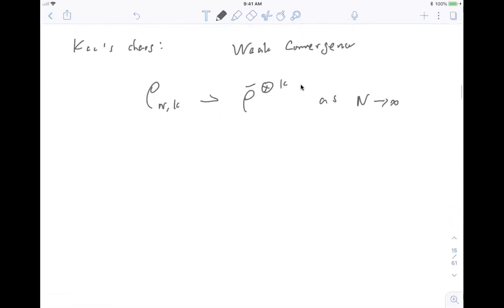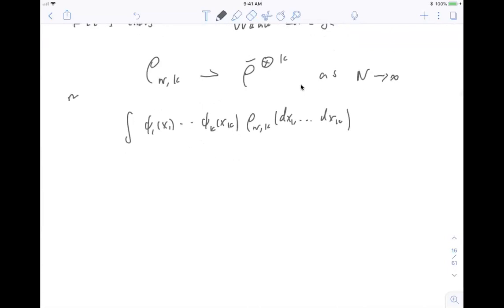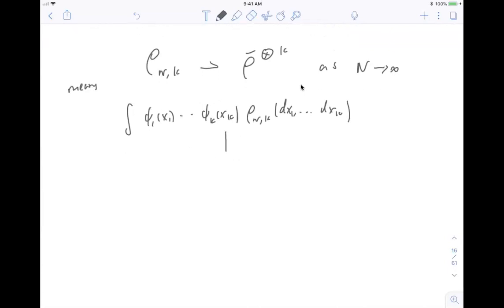This means, as a standard definition, I give you test functions phi 1 of x1 up to phi k of xk, and you test against rho n k dx k. Let's say the underlying space is E, maybe just Euclidean space.